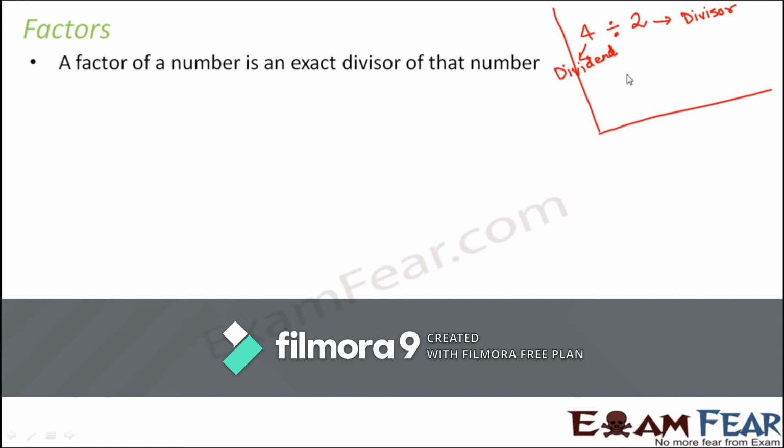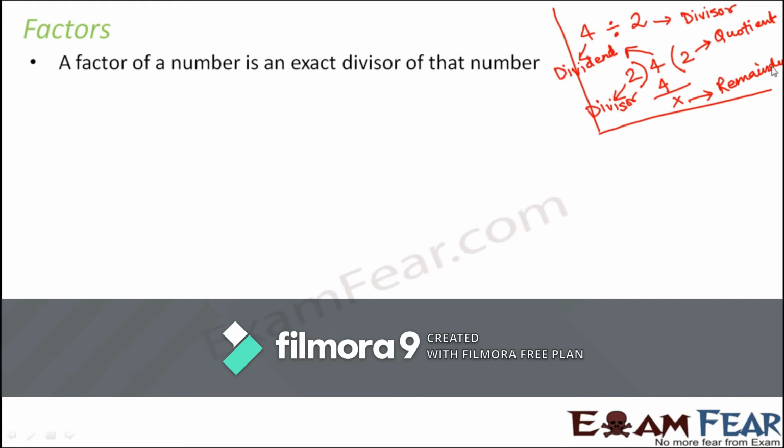So how do you divide? 2 2s are 4. So what do you get? You get 0. So here 2 is the divisor, 4 is the dividend, 2 is the quotient, and 0 is the remainder. These are the 4 terms that we use when we perform a division operation.